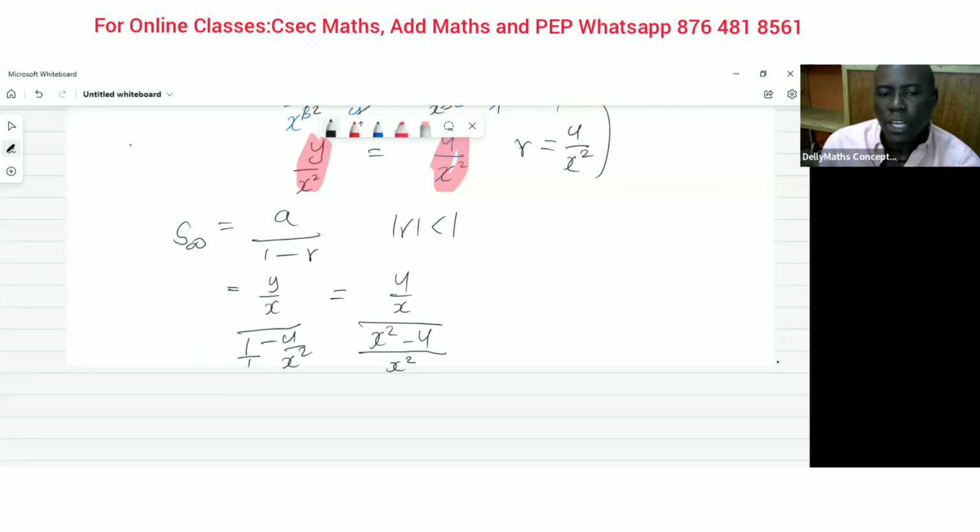Now, if you really think about what this is, this is really saying y over x divided by x squared minus y over x squared. But whenever we're dividing fractions, we can change division to multiplication and then reciprocate. So I'm going to apply that idea.